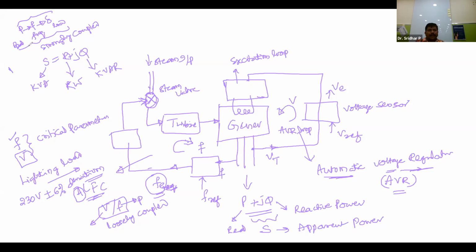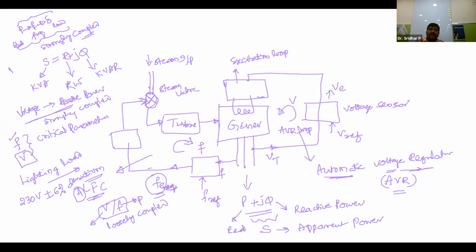That is why they are called strongly coupled parameters. And one more pair is voltage and reactive power. If the reactive power changes, automatically your voltage will also change. This is also strongly coupled. So if the reactive power changes, what will change?